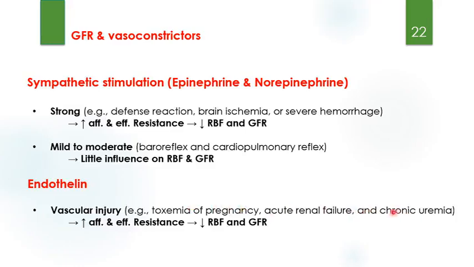These lead to release of endothelin, and endothelin will constrict afferent and efferent arterioles and will reduce both renal blood flow and GFR. So vasoconstrictors overall reduce renal blood flow and GFR.